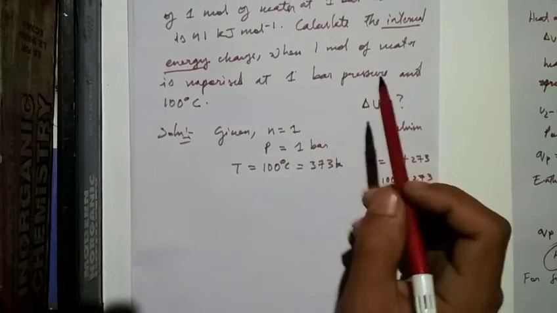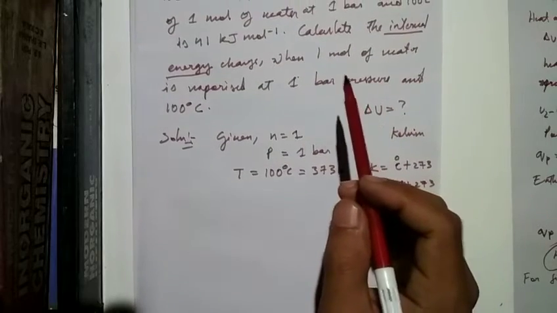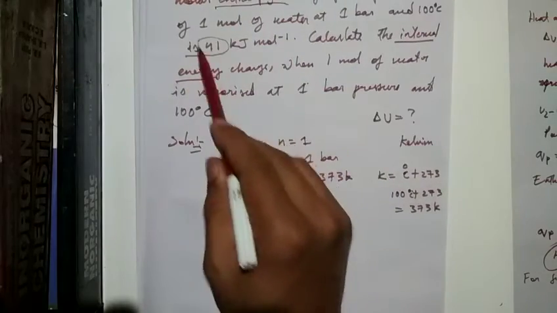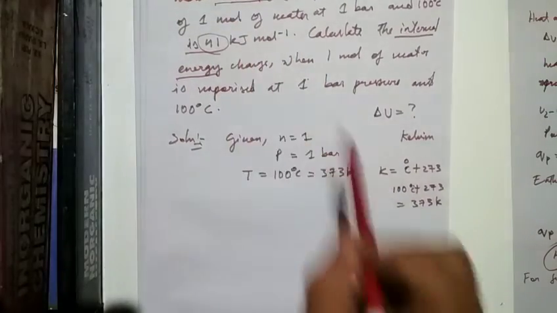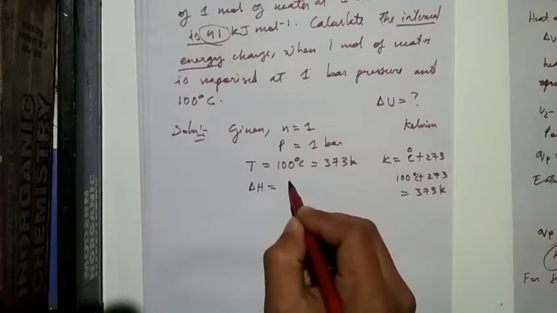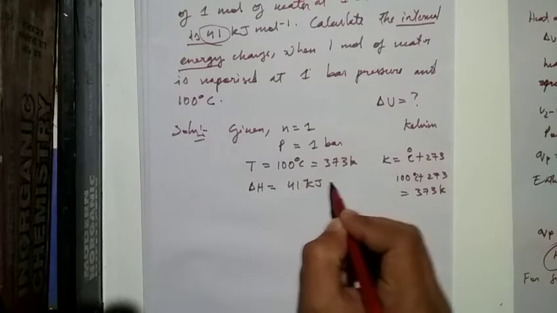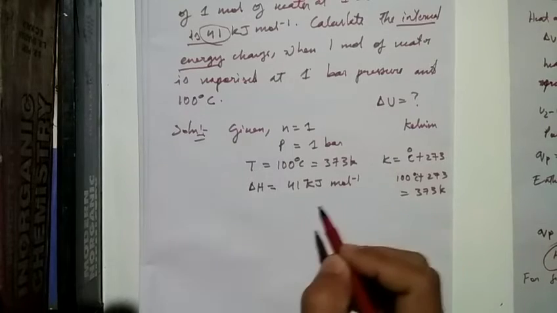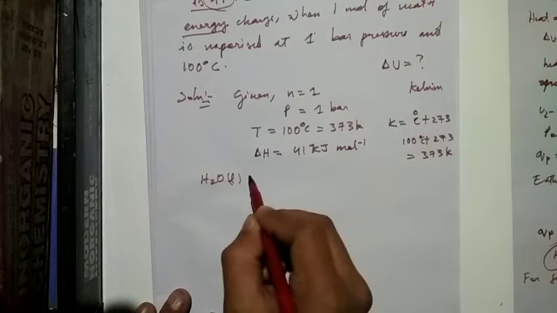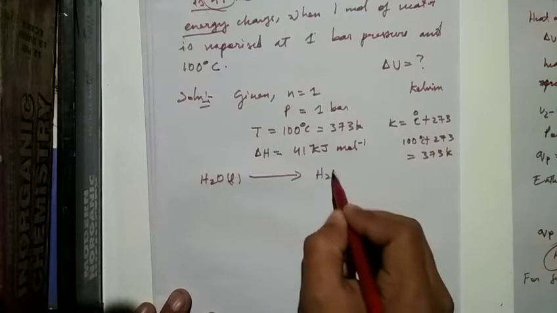Now enthalpy is given. This molar enthalpy is 41 kilojoule per mole. So delta H is 41 kilojoule per mole. Now the reaction involved is H2O liquid into gas.